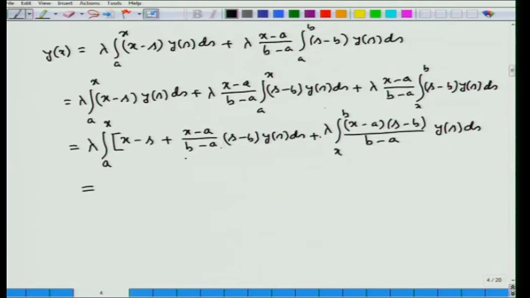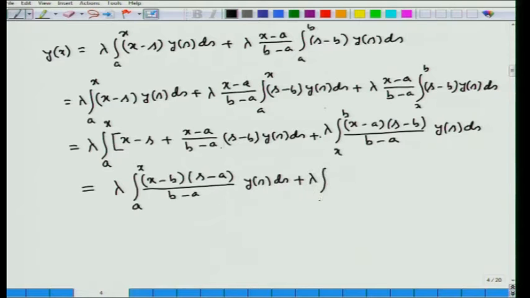After some simple algebra, you can derive that this will be equal to lambda times the integral from a to x of (x minus b)(s minus a) divided by (b minus a) y(s) ds, plus lambda times the integral from x to b of (x minus a) then multiplied by (s minus b), divided by (b minus a), y(s) ds.